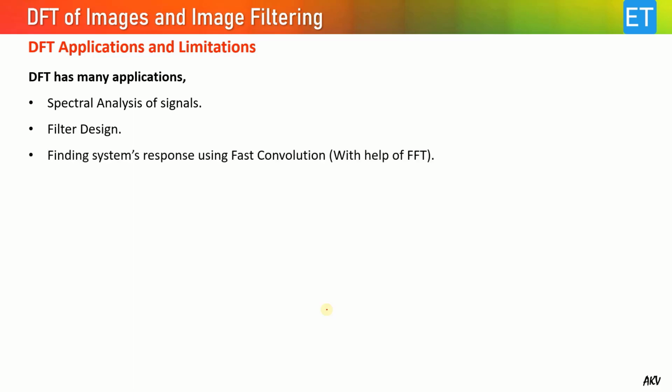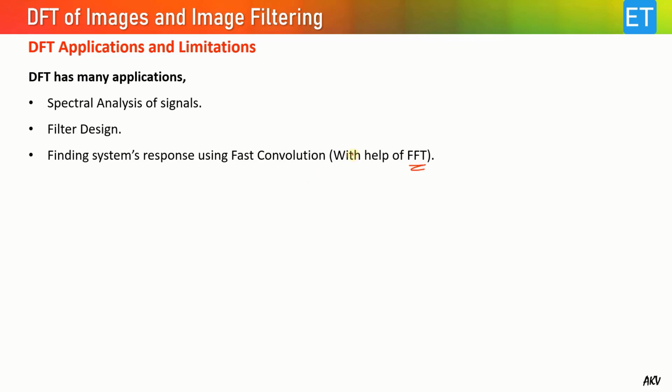And you can also find a system's response using the DFT in a fast way, because the DFT equations which I have explained are computationally heavy. They require lots of multiplications and additions. To get a fast DFT computation, we have fast algorithms with us. They are known as the FFT, the fast Fourier transform.